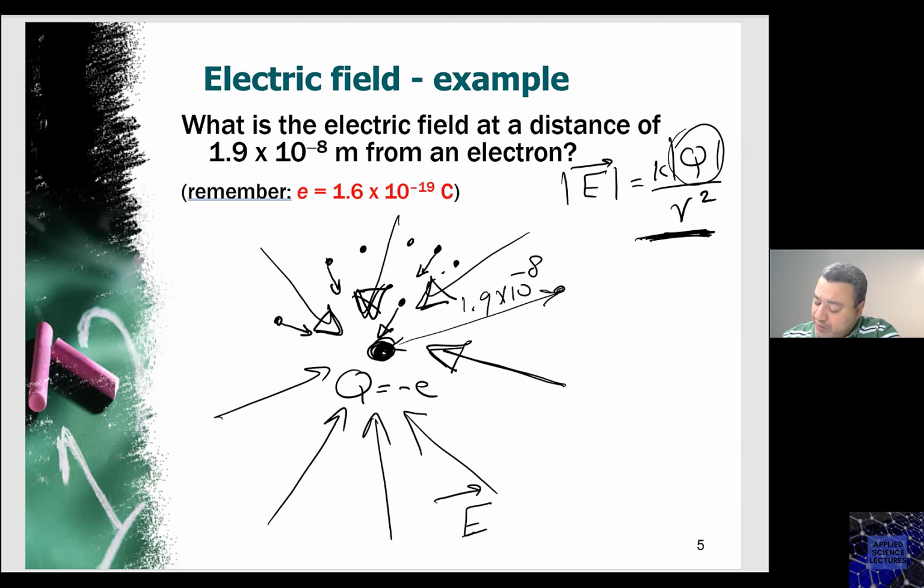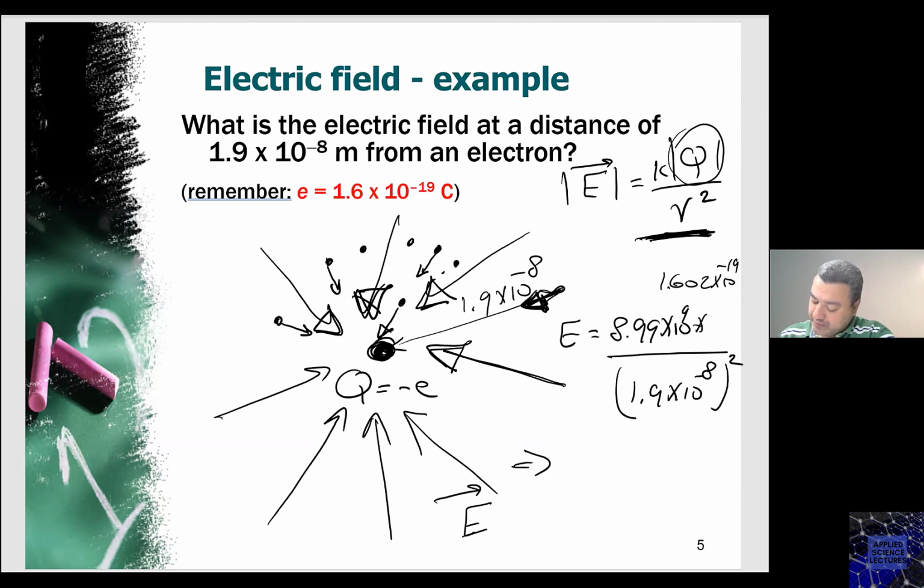Okay, so I need to evaluate the electric field right here at this point. In this case, the magnitude is 8.99 × 10^9 times the electron charge, taking magnitude, which is 1.602 × 10^-19, all divided by (1.9 × 10^-8 meter) squared.